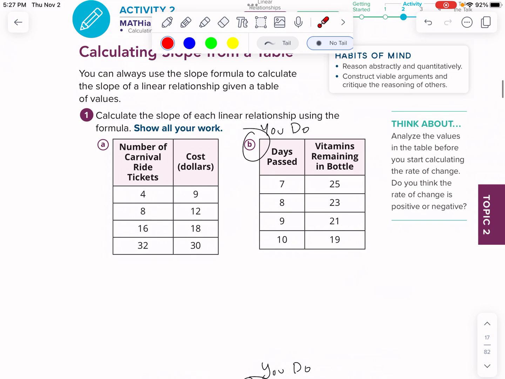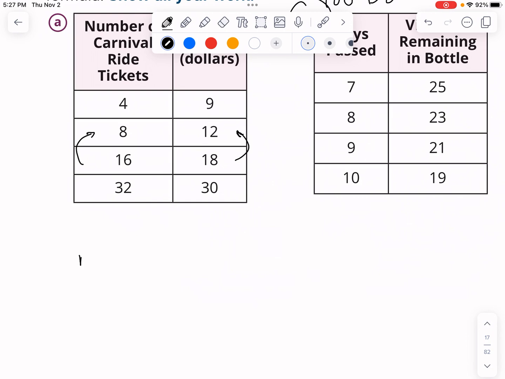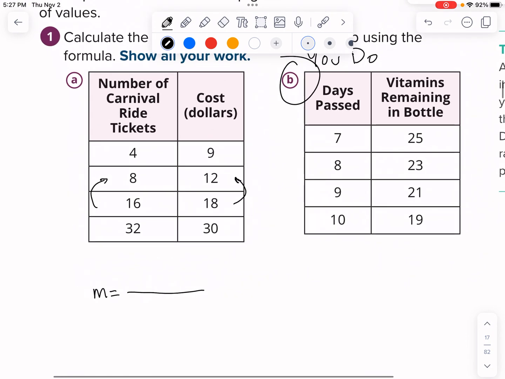But let's go ahead and calculate the slope for each linear relationship using the formula. We can choose anything, right? Does not matter. I'm going to choose, let me go from here to here. Maybe you want to just choose numbers that you feel like are easy for you to subtract. So which one is the y, which one is the x?